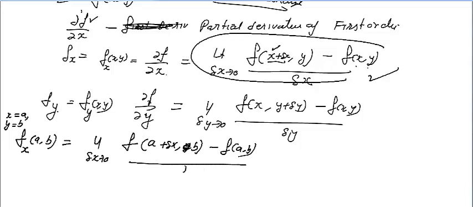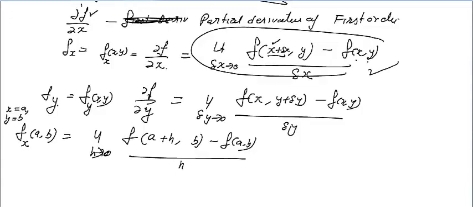f(a+delta x, b) minus f(a, b) upon delta x. And even you can avoid this delta x also. You can take h in both the cases, just for easy representation when solving.